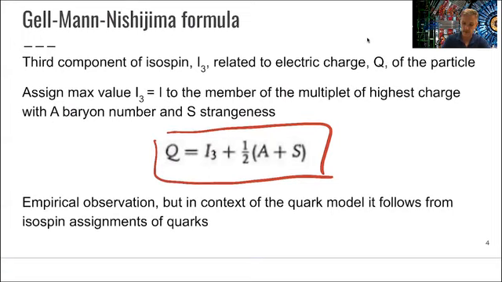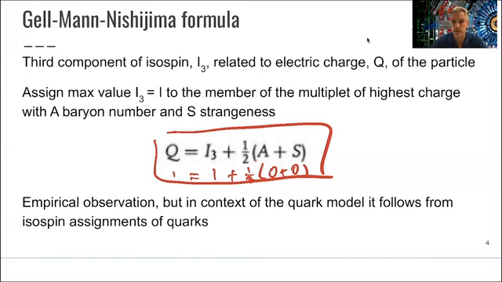If you look at this for the pion case, we had isospin equal to 1, baryon number equal to 0, strangeness equal to 0, which gives a maximum charge of 1, which is the charge of the positively charged pion. So far, so good.